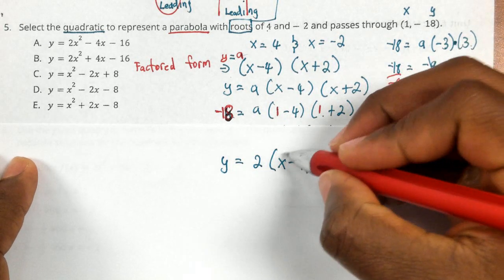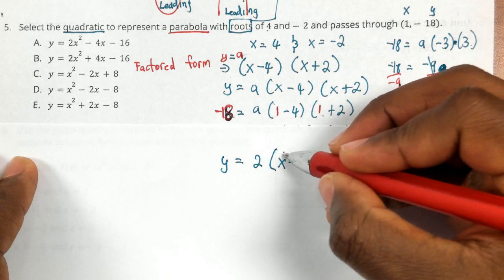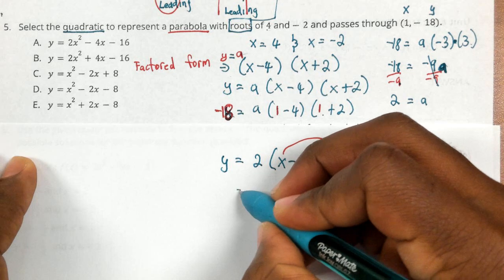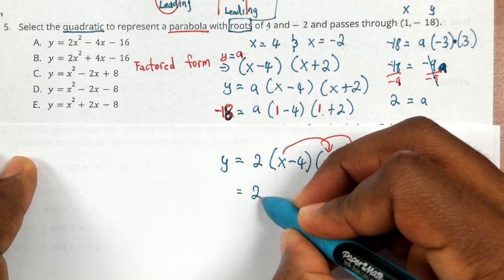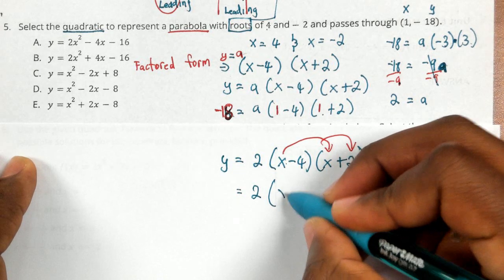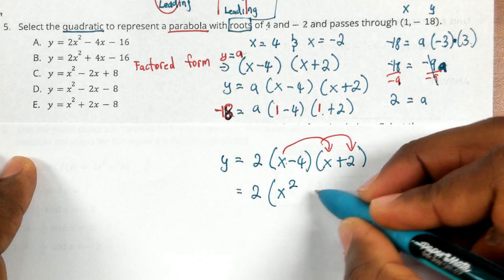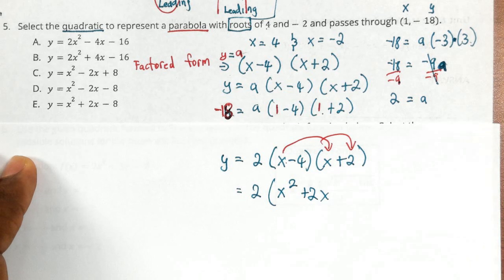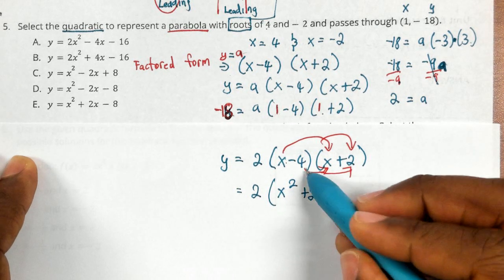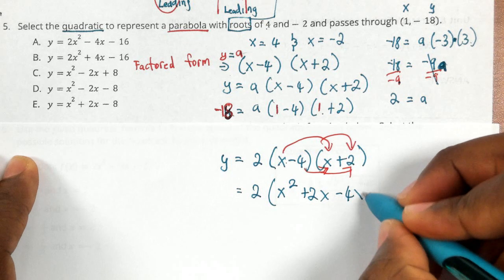To expand it, I would distribute the x first. The 2 that's on the outside, I'm going to bring down for now. x times x is x squared. x times 2 is 2x. Now I'm going to distribute the negative 4. Negative 4 times x is negative 4x.